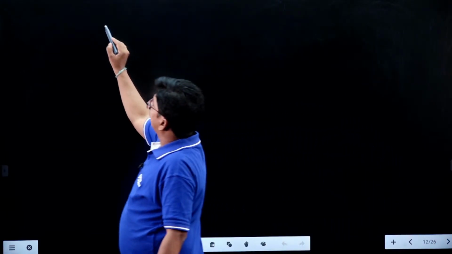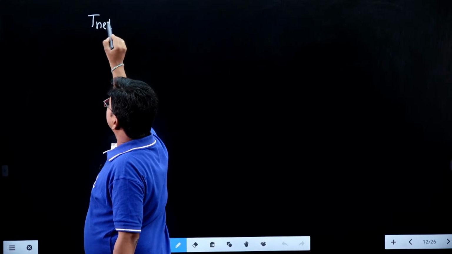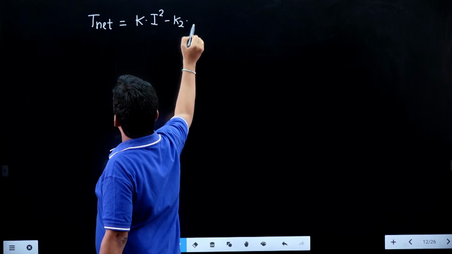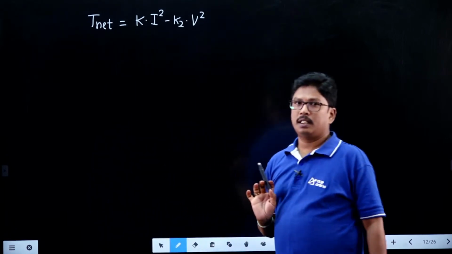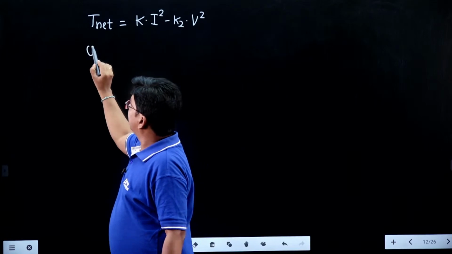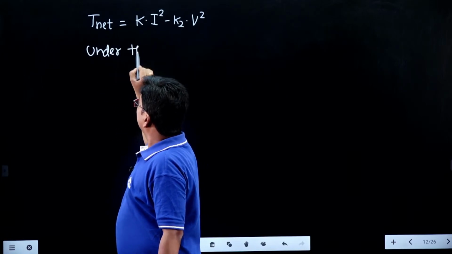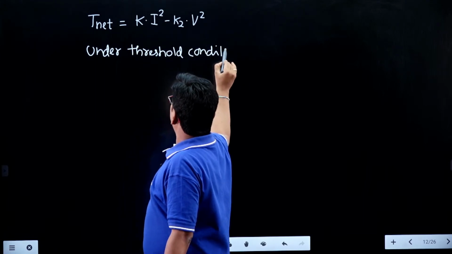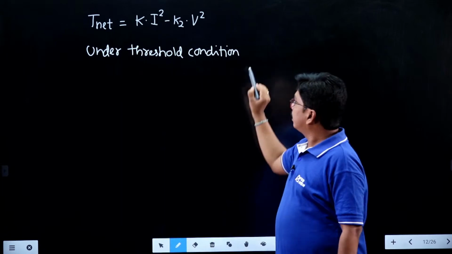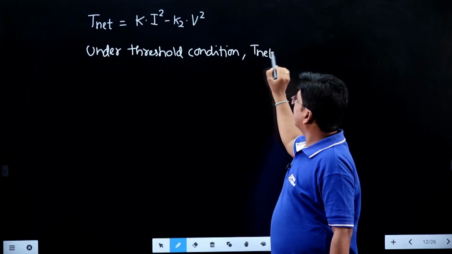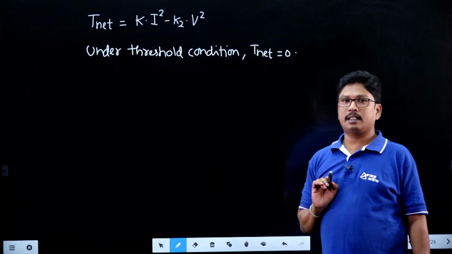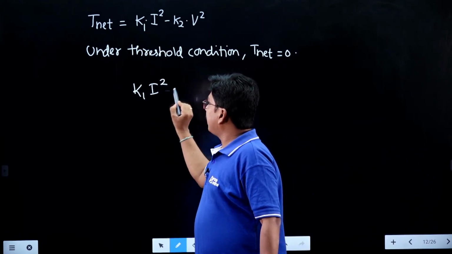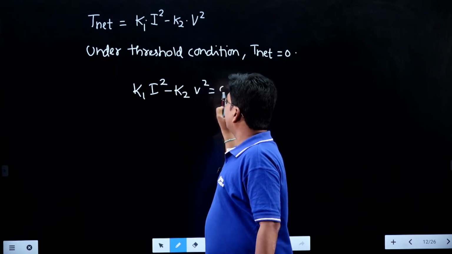Under threshold condition, the relay is at the verge of operation, therefore the net torque in the relay will become 0. Therefore, K1 into I square minus K2 into V square is equivalent to 0.